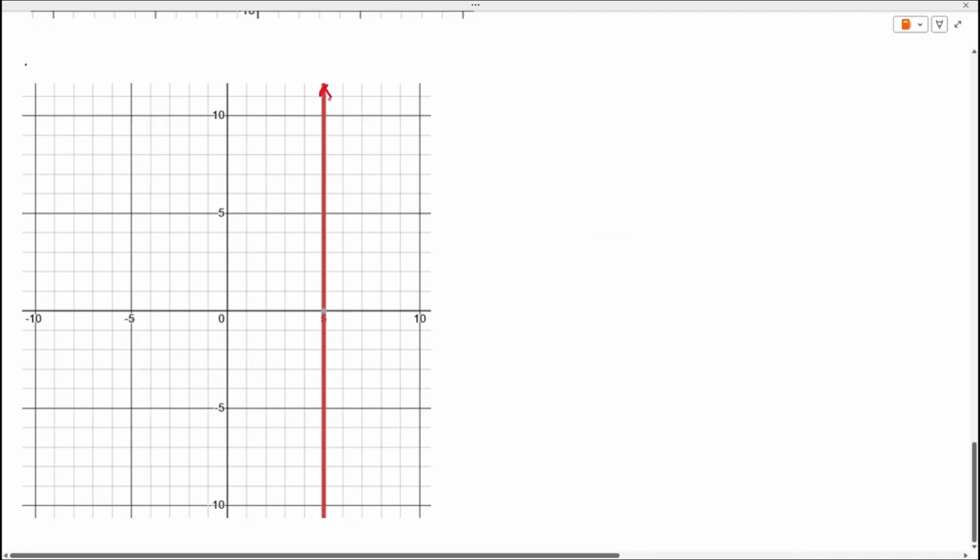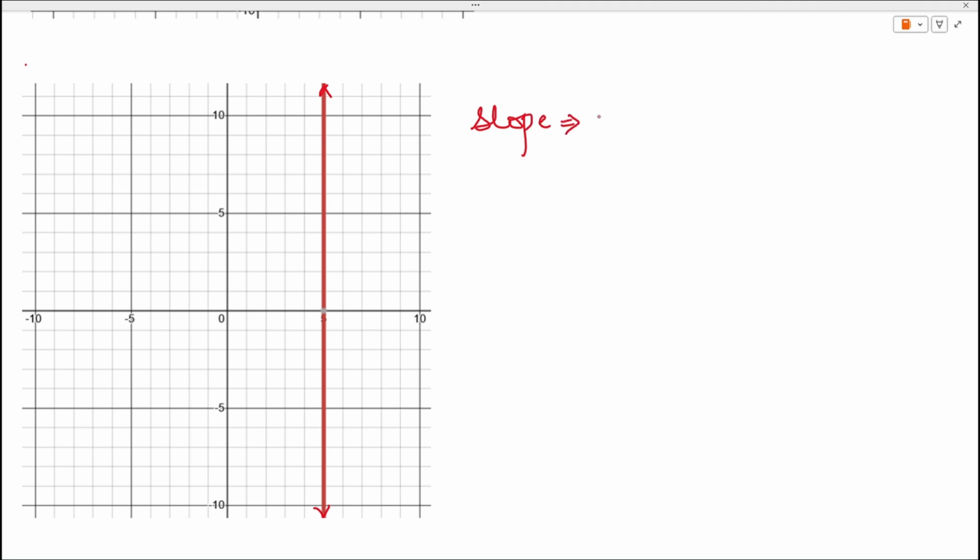Let us look into this last one, in which we have to find the slope of this vertical line. Because it's a vertical line, its slope is going to be undefined. Let us again pick up any 2 points on this line. So point number 1 and point number 2. We are going from point 1 to point 2. So how much are we going up or down by?